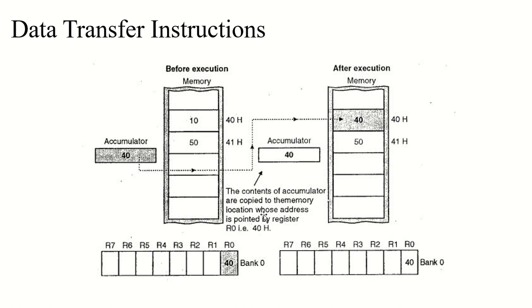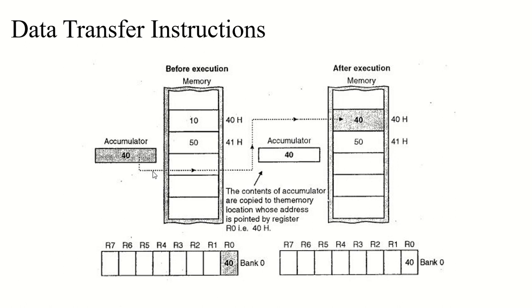So before execution, the register R0 is containing 40, the accumulator is containing 40, and at memory location 40H we have 10.